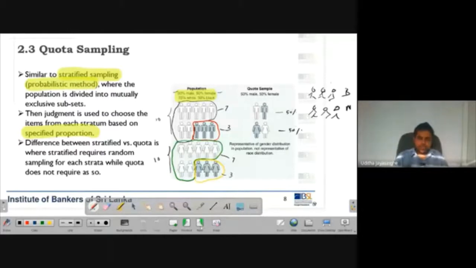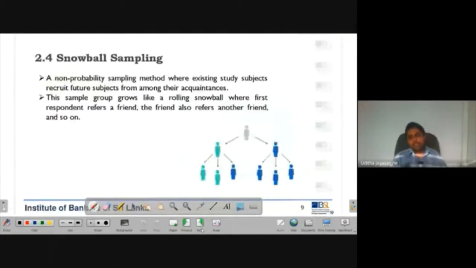Right. The last one that we are going to discuss under non-probabilistic sampling is snowball sampling. In the real world, you may see a big giant snowball that is not created all at once, but starts as a very tiny amount of snow at the beginning, and then more snow is collected onto that portion as it moves on and on.